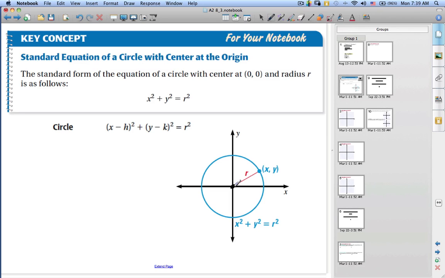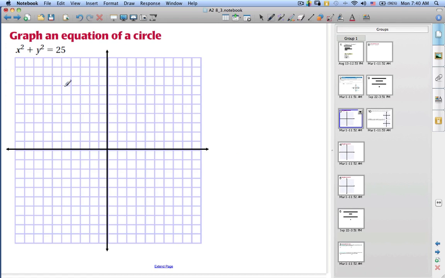Once I have my center, I can go the simplest distance, which would be up, down, right, and left, where it's simpler to measure as opposed to on a diagonal, to make my 4 points, and then I can draw my circle. So if we take a look at this, I know that h is equal to 0 and k is equal to 0 because there is nothing being subtracted from x and nothing being subtracted from y. So my center is at 0, 0.